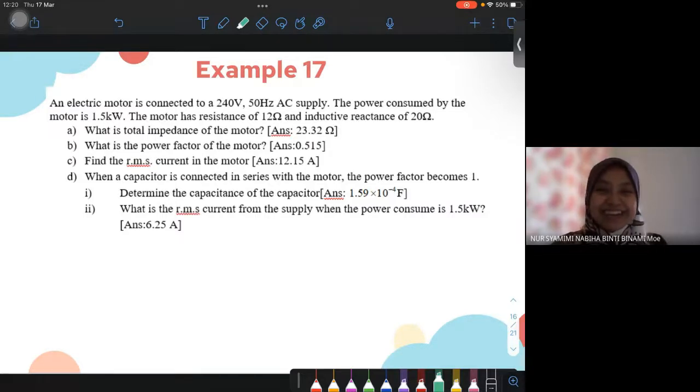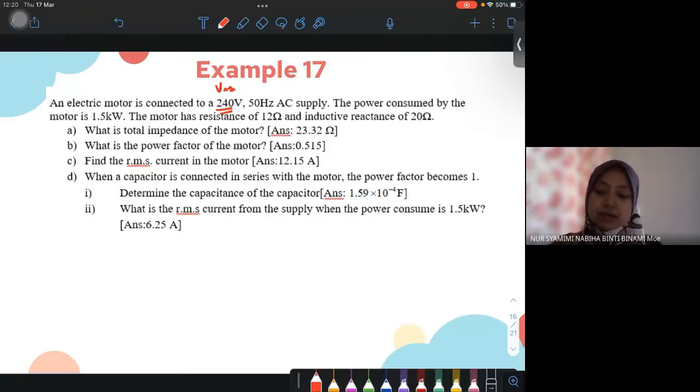Alright, thank you Sabrini. Okay, so we have example 17. The first info it gives is V_RMS is 240 volt, because it says the electric motor is connected to a 240 volt supply. We have frequency 50 hertz.